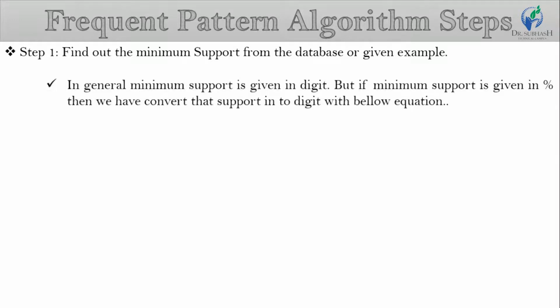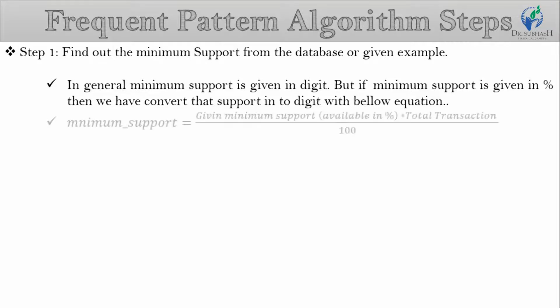In the first step, we have to find out the minimum support from the database or example. In general, minimum support is given in digits, but if minimum support is given in percentage, then we have to convert that support into digits with the below equation.